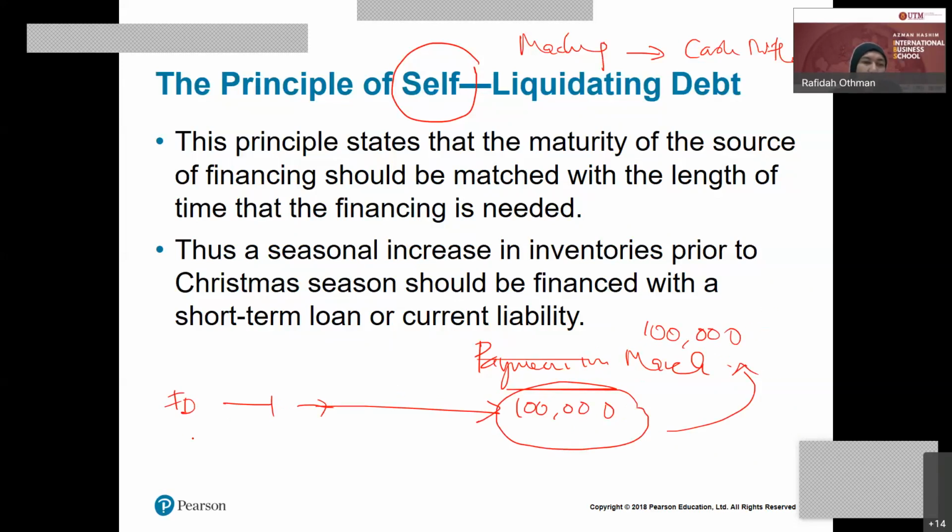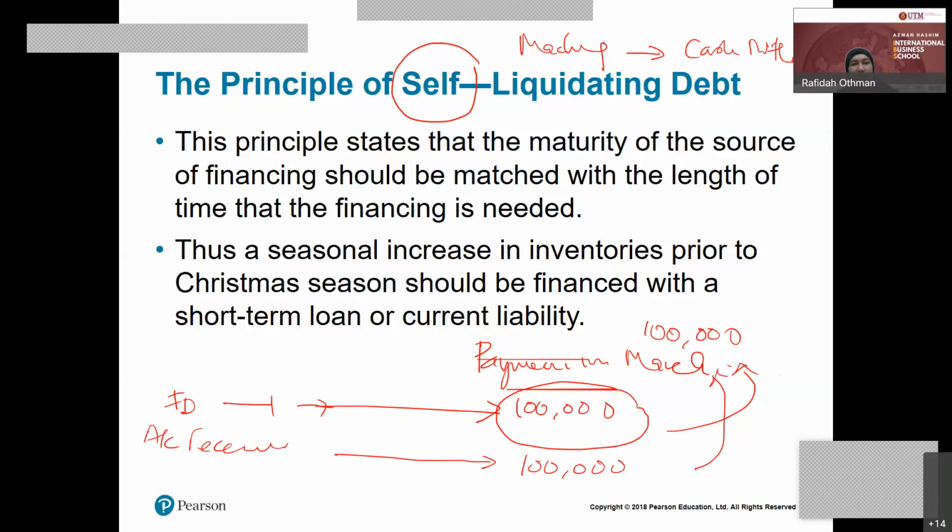Or when you have account receivable, you make sure you have a sufficient amount of money to be collected, 100,000, to pay this amount. So you are not required to make a loan.